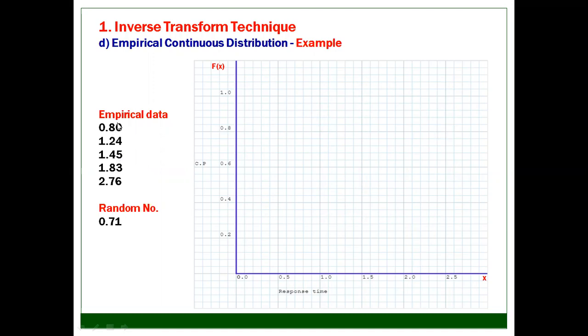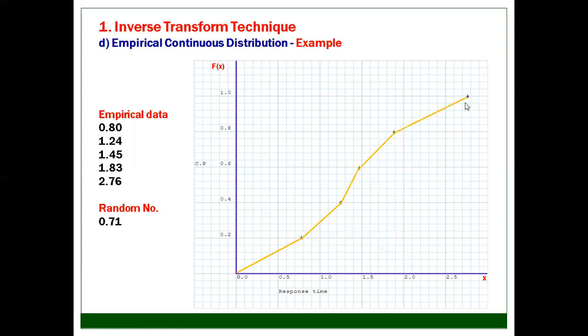First let us plot the empirical data on the graph: 0.80 on the x-axis, the next one is 1.24, then 1.45, 1.83, and 2.76. So we have got all the empirical data.